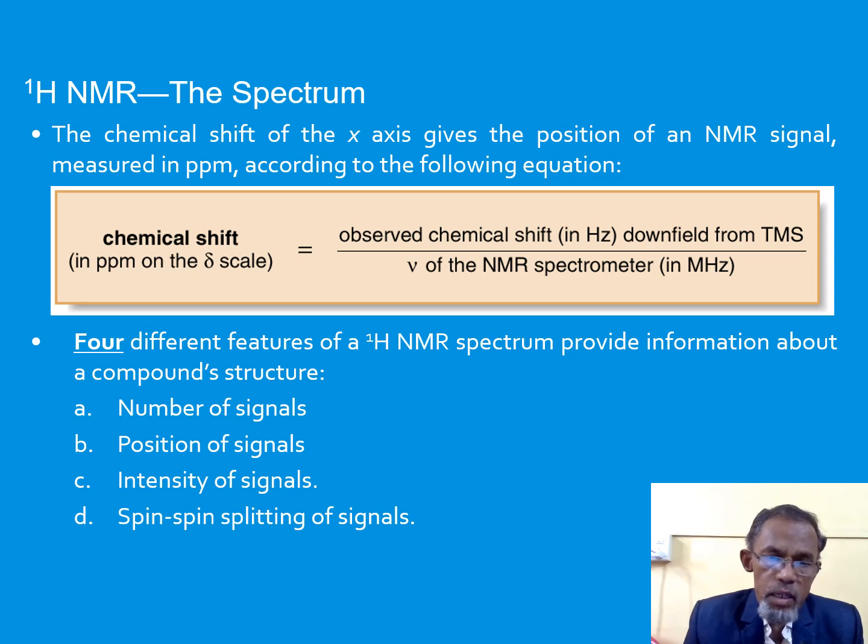It means that the number of signals is directly proportional to the number of types of protons present. The position of the signals indicates the electronic environment of the proton present in the molecule. Similarly, the intensity of the signal is also related to the proton present in the molecule.